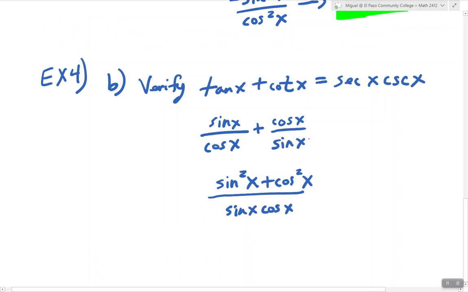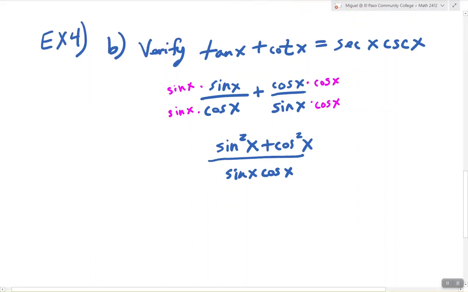Let me write this here next to it. So we get that. And then, of course, sine squared plus cosine squared is 1. One over sine times cosine.